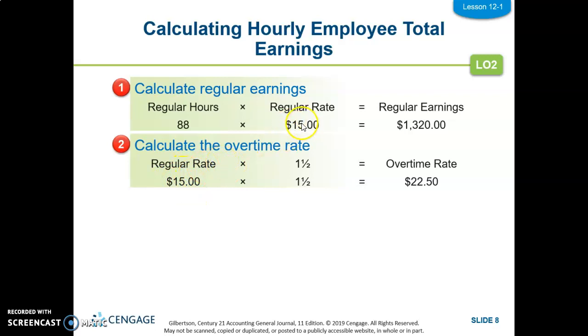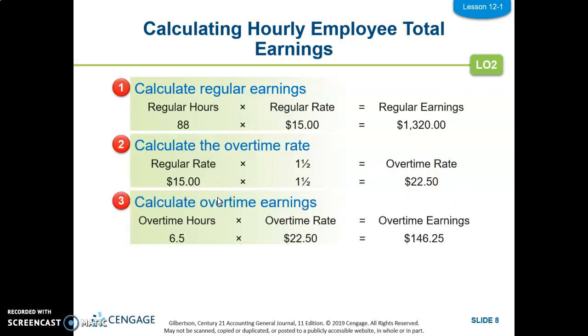Again, it's taking that regular rate from the employment contract times 1.5, because that is the traditional overtime rate that is paid in the U.S. So their overtime rate, they're getting $22.50 an hour. And we took the 6.5 hours from their time card times that overtime rate to get their overtime earnings.